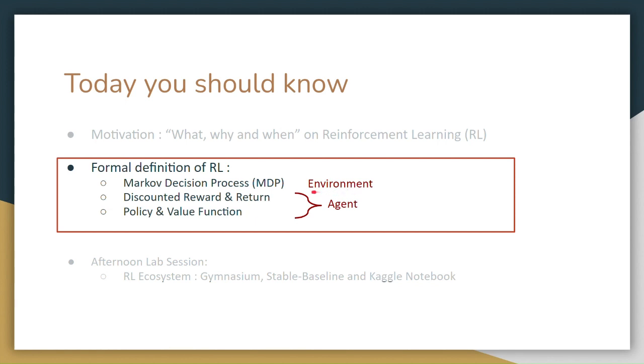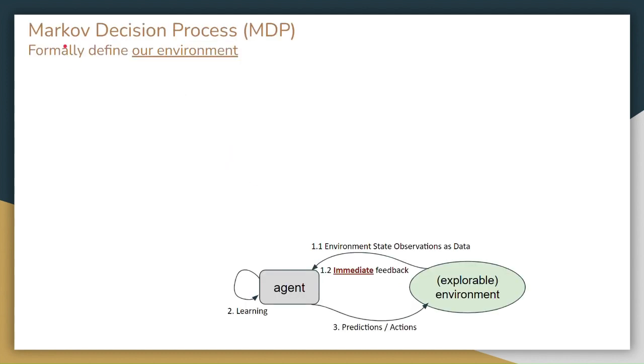Okay, on the environment side, it's called a Markov decision process. Markov decision process may be a big name to you if you are not familiar with probability. But anyway, it's not quite important to understand the meaning of this one.